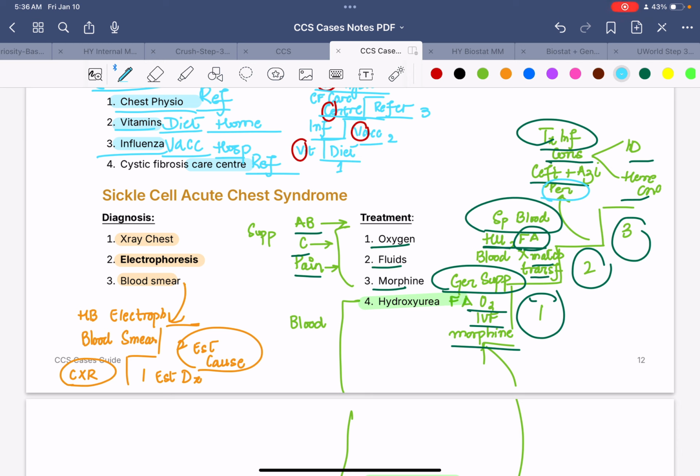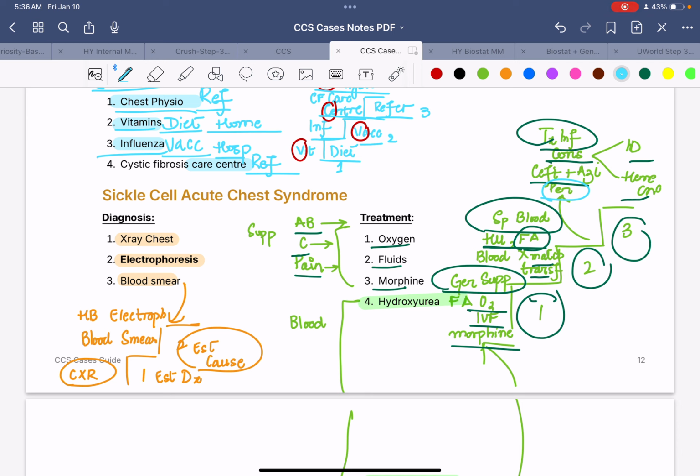So just to summarize sickle cell acute chest syndrome, the goals of diagnosis are to establish first of all that this is sickle cell acute chest syndrome with the chest x-ray, and number two is to establish the cause with a blood smear or hemoglobin electrophoresis. Then in the treatment you have three main goals. One is the general supportive treatment by giving oxygen, IV fluids along with morphine for pain control, since this is an acutely painful condition.